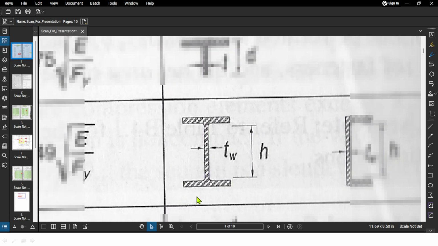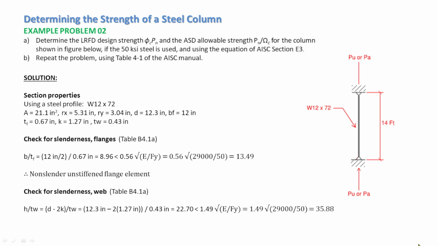So it is d minus 2k over the web thickness: 12.3 minus 2 times 1.27, where 1.27 is the k value, over 0.43, which is equal to 22.7.